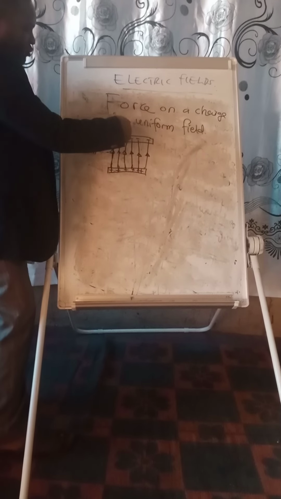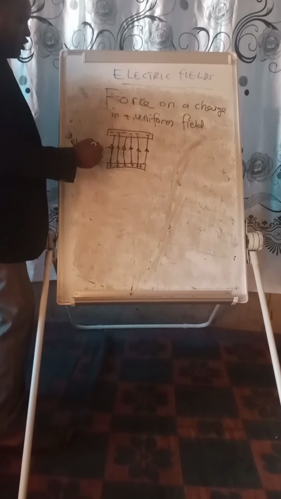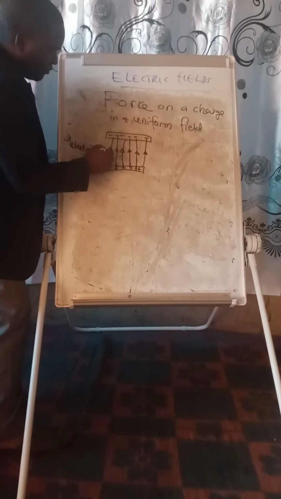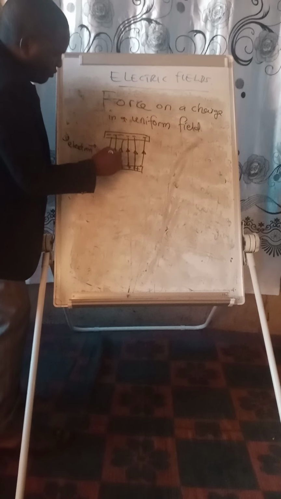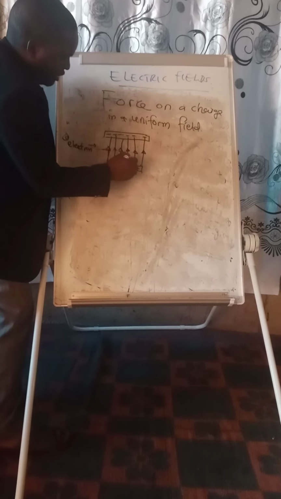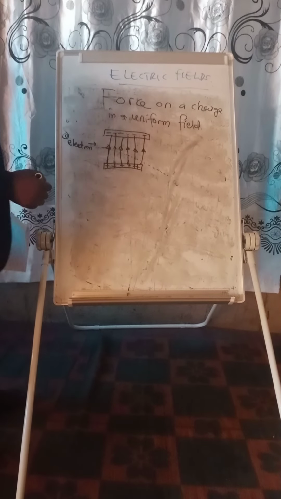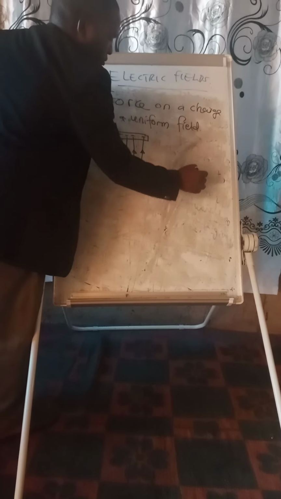This negative plate will push that electron down, so our charge will move this way. So this is a parabolic path.